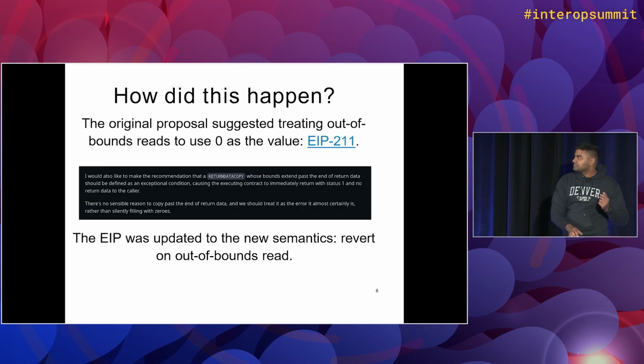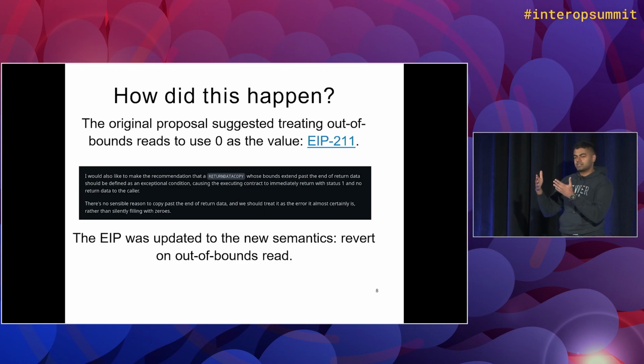How did this happen? The original proposal actually suggested the same semantics as calldatacopy, where if there is an out-of-bounds access, then you treat it as reading 0. But what happened in the end was there was a comment in the GitHub pull request proposing the EIP, and the commenter made a point that you should never access return data outside of the bounds.